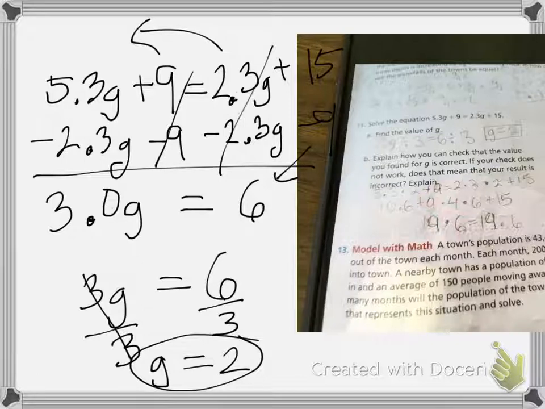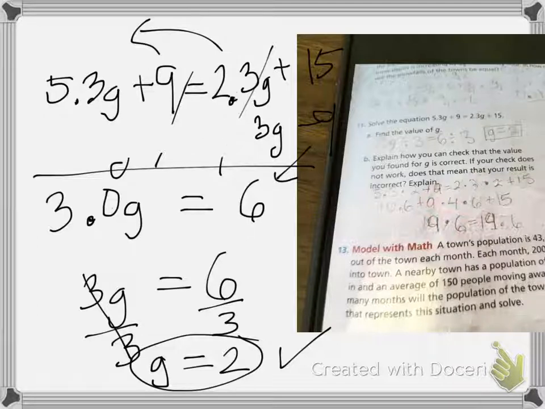For part B, it says explain how you can check that the value you found is correct. What we're going to do is plug this answer in where g is, to check to see if it's equivalent on both sides. I'll explain what I mean in just a second.